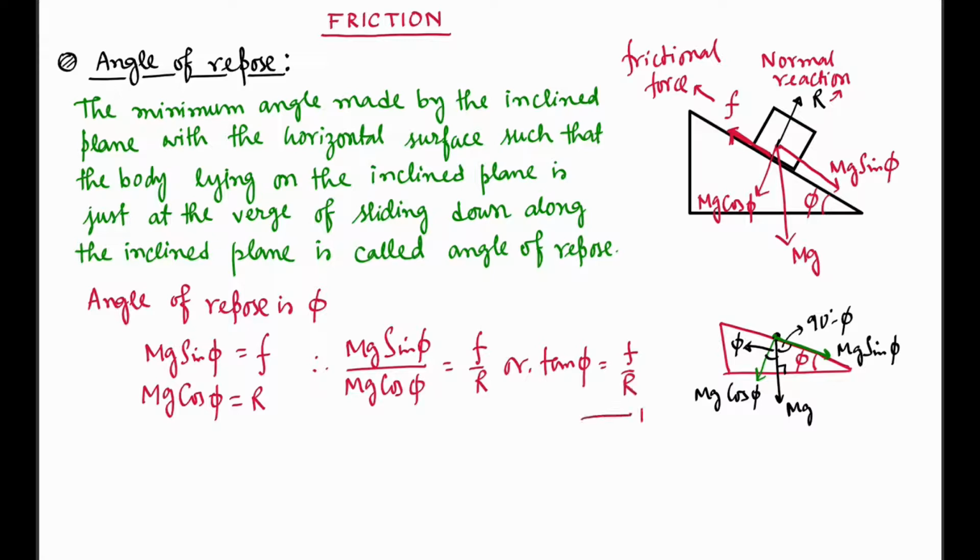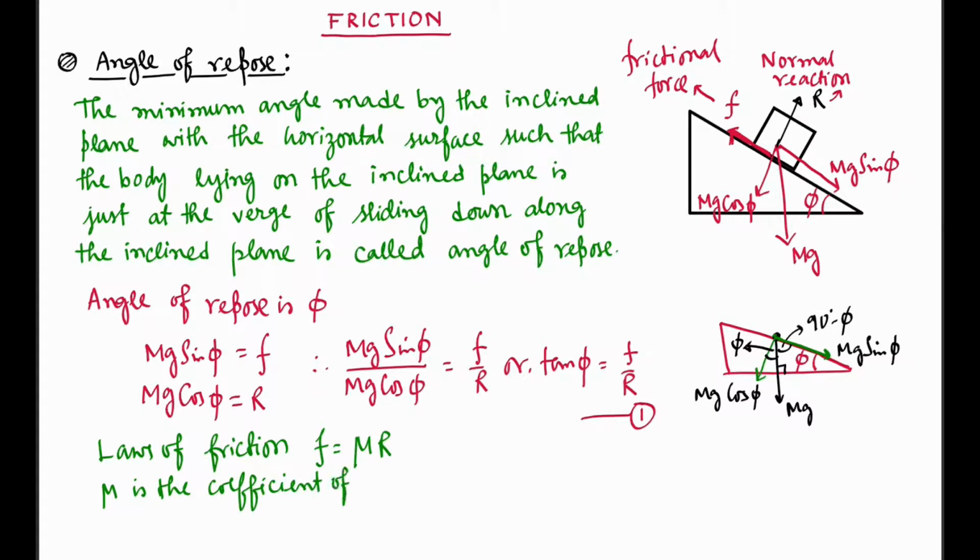This is equation 1. From the laws of friction, we can say that F is equal to mu into R, where mu is the coefficient of friction. Therefore, tan phi is equal to F by R, which is equal to mu.